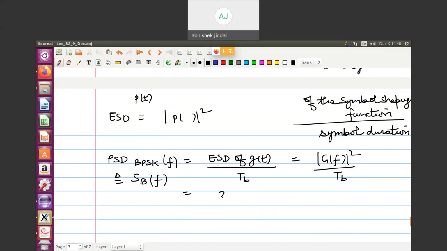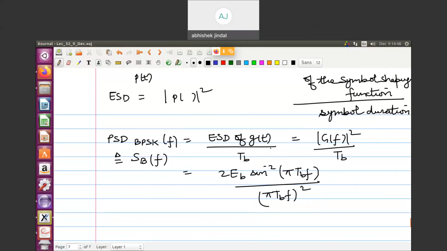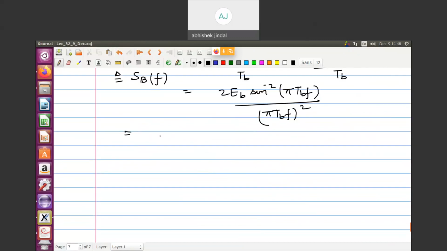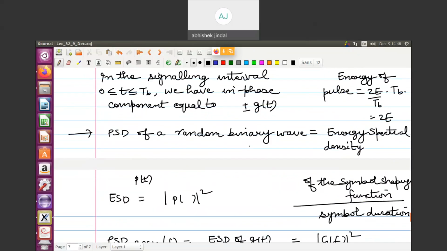This is equal to twice of EB sine squared of pi TB f divided by pi TB f whole squared. And this is nothing but twice of EB sinc squared of TB f.